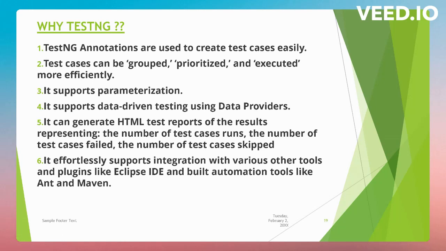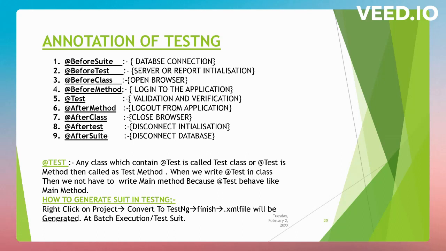Annotations of TestNG: @BeforeSuite, @BeforeTest, @BeforeClass, @BeforeMethod, @Test, @AfterMethod, @AfterClass, @AfterTest, @AfterSuite. I mentioned why we are using them. The @BeforeSuite, @BeforeTest and @BeforeClass annotations mean we connect first when writing the test scripts. Firstly we make database connections, then we go to the server, then open the browser, log into the application, then do validations and verification of all the things, and after that we log out of the application, close the browser, disconnect initializations, and disconnect the database.